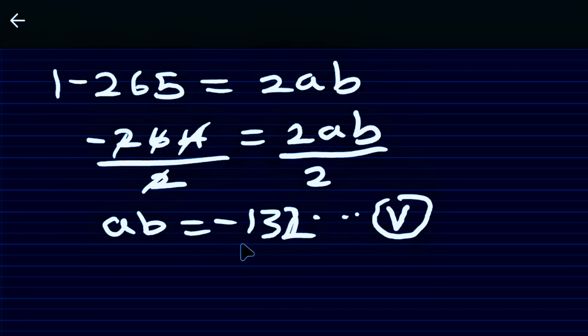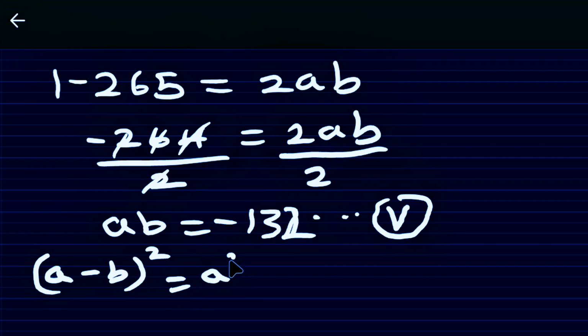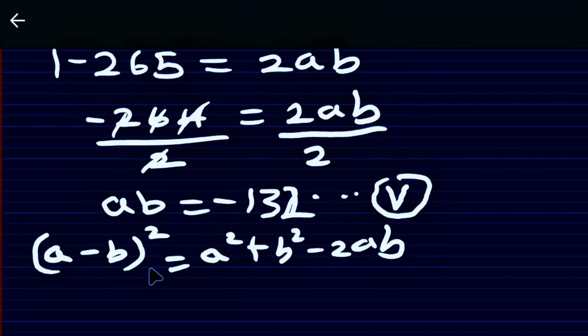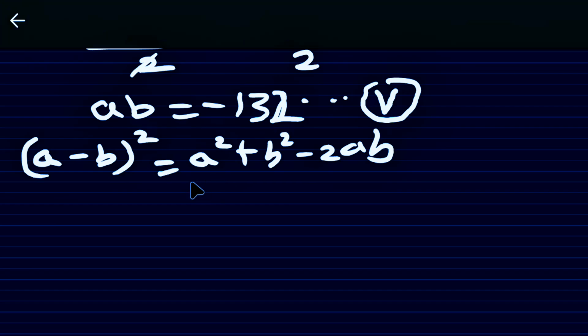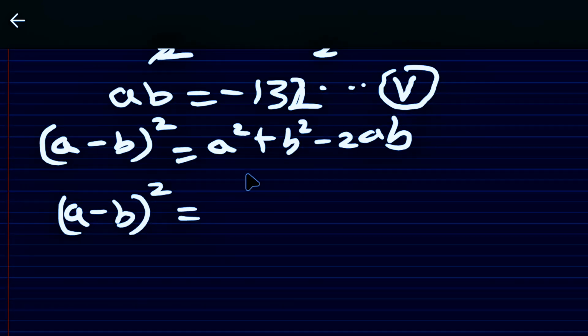Okay, so from here, let's look for a minus b all squared. Remember that we solved a plus b all squared, and if we expand this, we are going to have a squared plus b squared then minus 2ab. The other one was plus 2ab because it's positive, but this is minus.